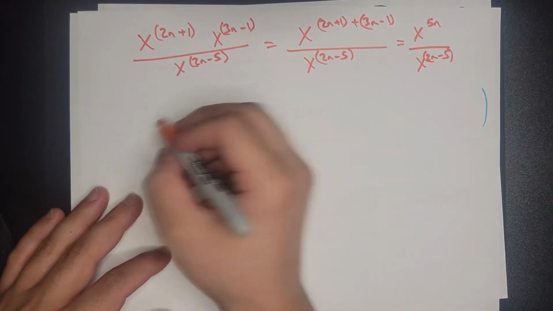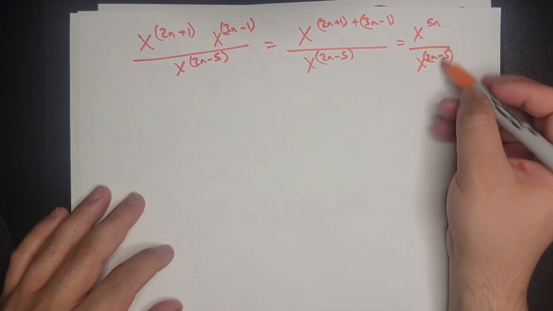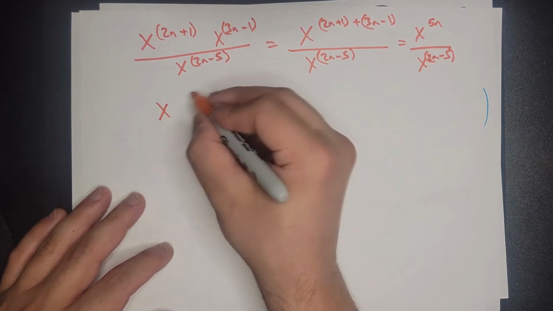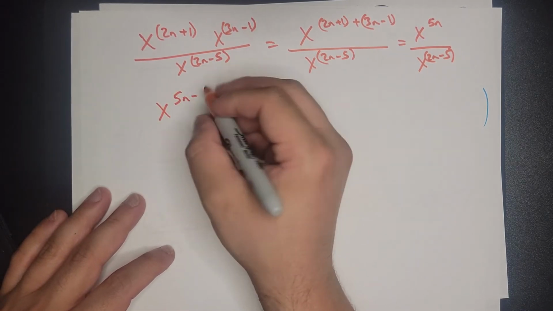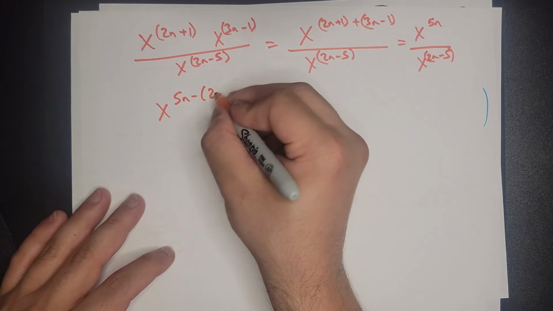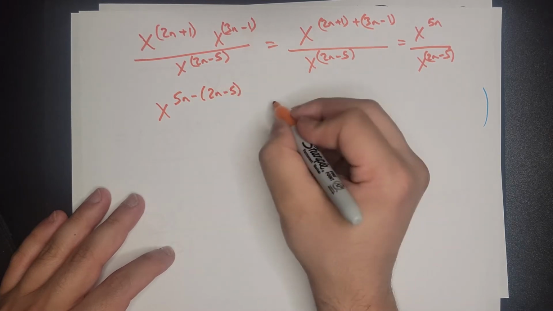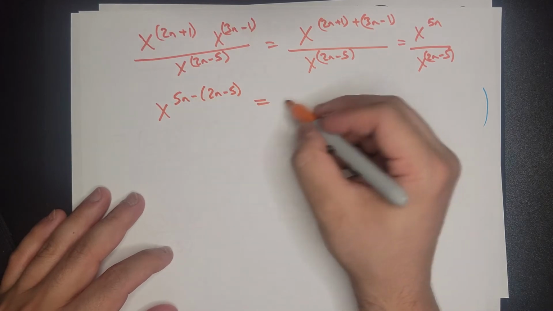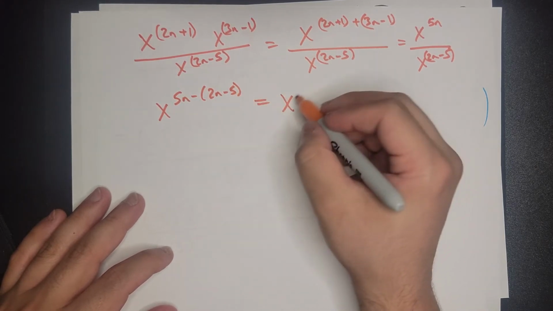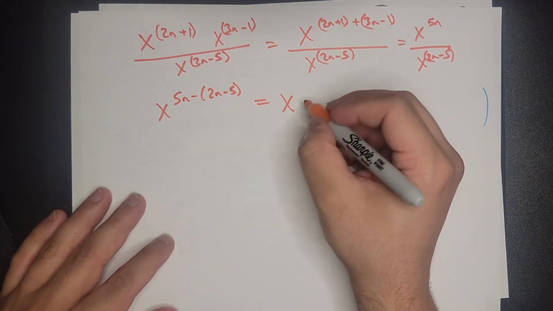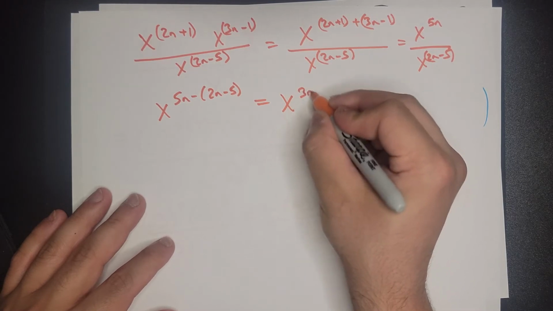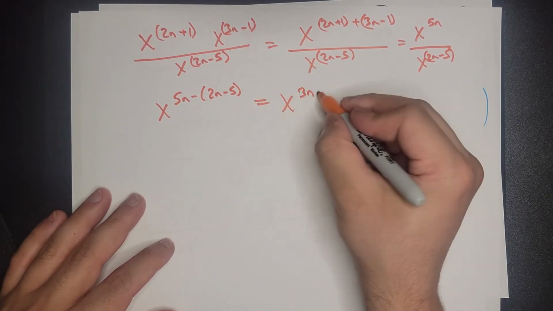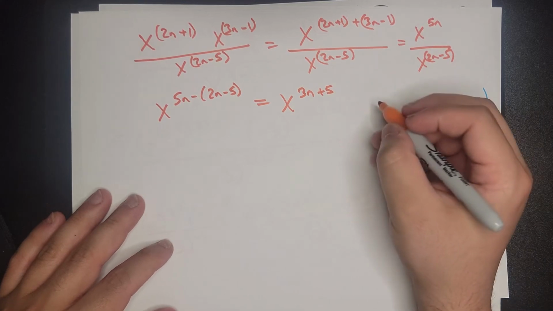So now I can divide the exponents, which means I'm going to subtract them. Which means I have x to the power of 5n minus 2n is 3n, minus negative 5, so plus 5.